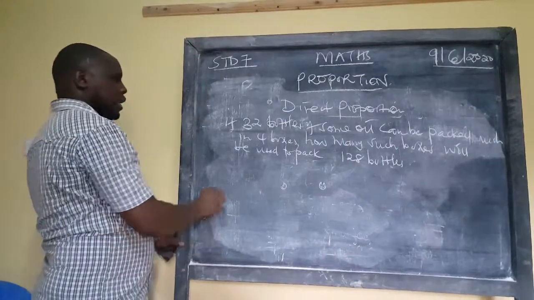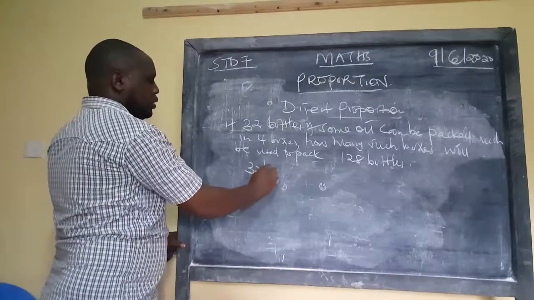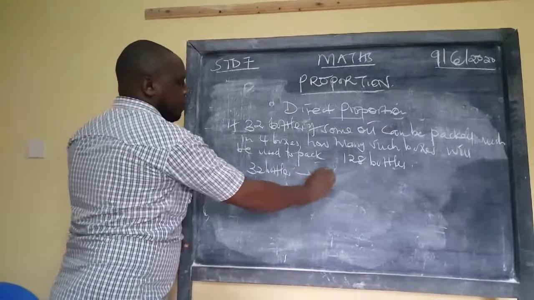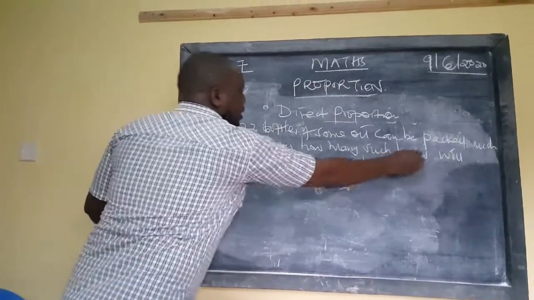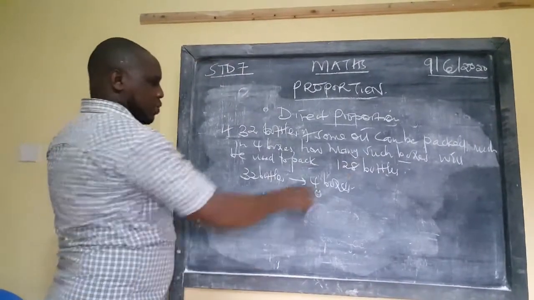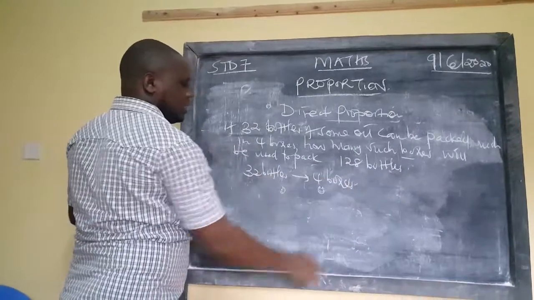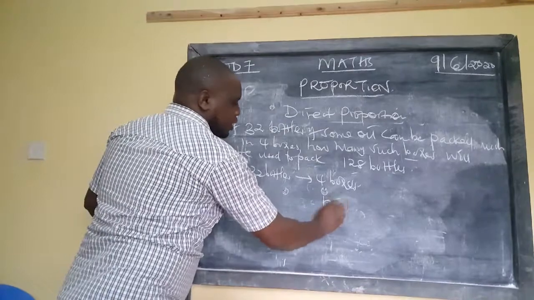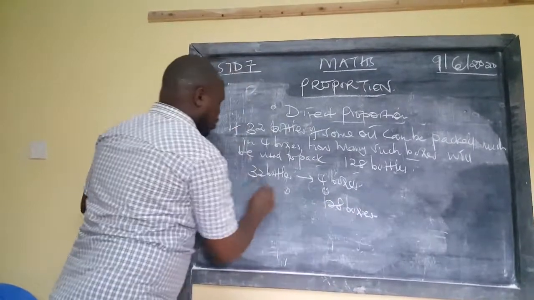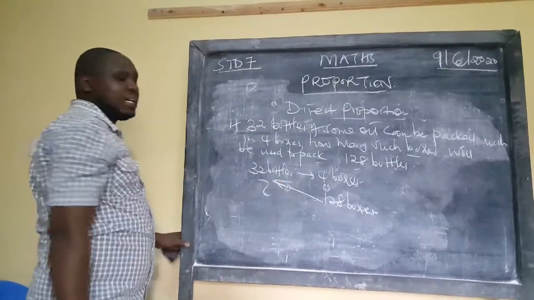Simple. So you say if 2 bottles are packed in 4 boxes. Remember what we want is how many boxes. So we arrange the same units on one side. 128 bottles will be packed in how many boxes. So you must understand what you are looking for.